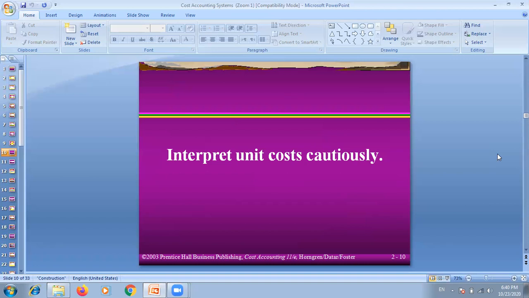In general, can I use this unit cost to produce 2,000 units? So 2,000 times 146.5? No, I can't. Why? Because the 94,500 fixed cost was allocated on 1,000 units. Now the same fixed cost, 94,500, should be allocated to 2,000 or 3,000. So I can't use the per unit cost of a certain level to predict another level. That's why I have to interpret unit cost cautiously, because it will be misleading.